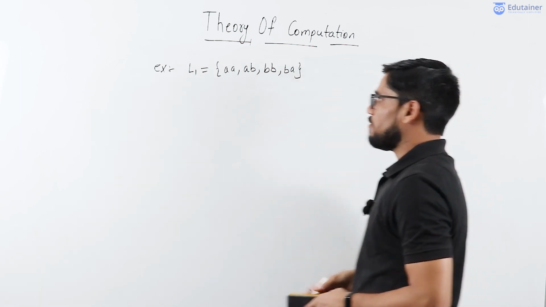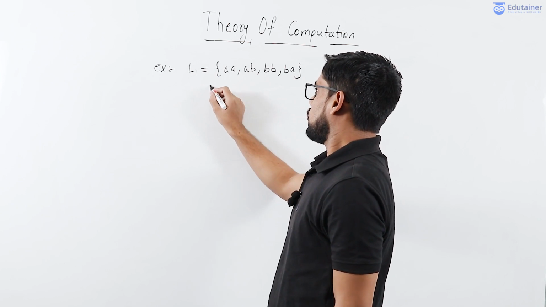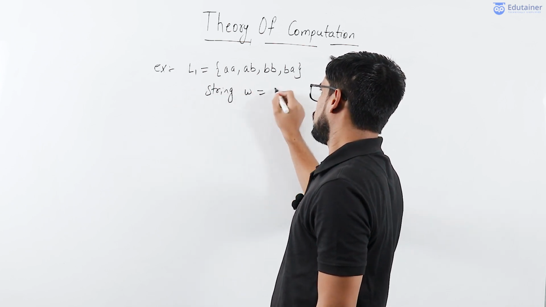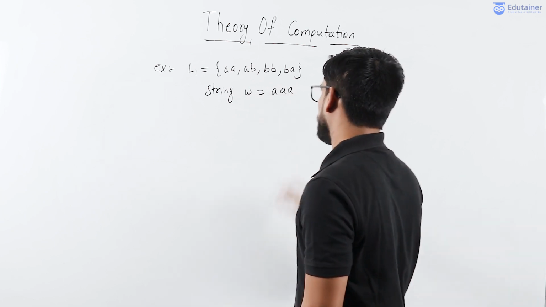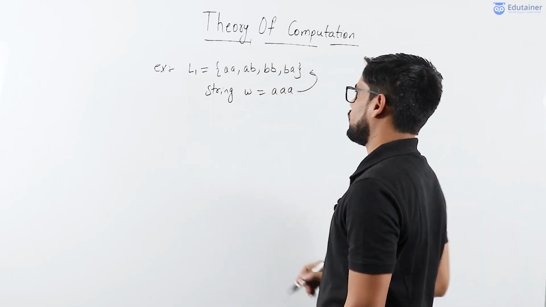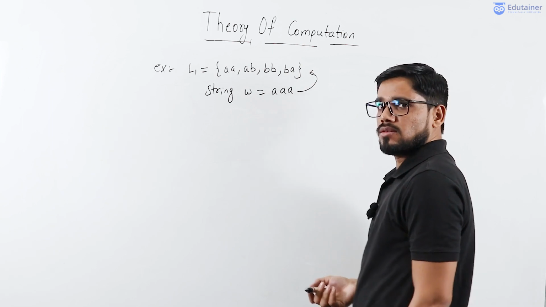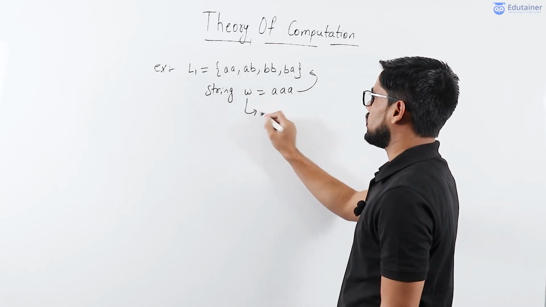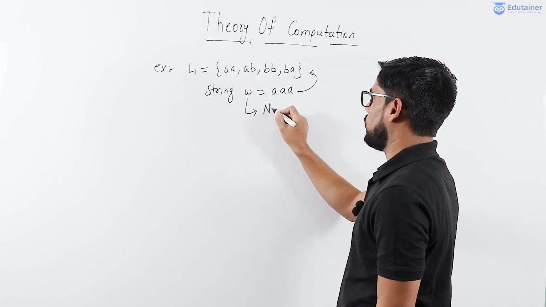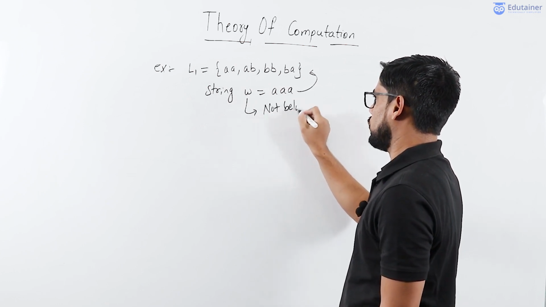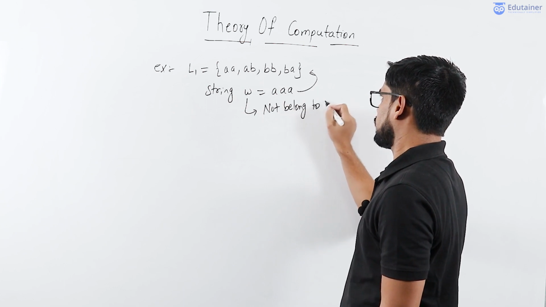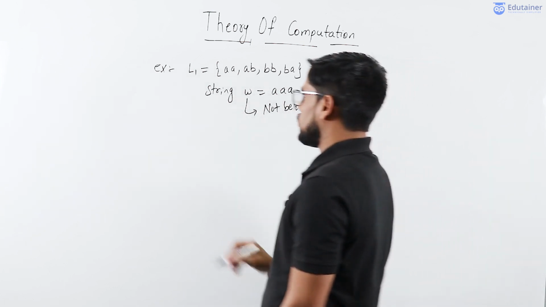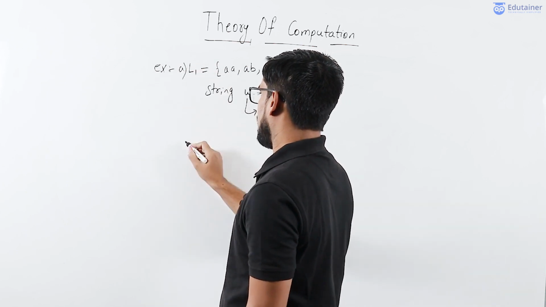And if I ask, find out whether this string W, which is AAA, belongs to this language or not, can you answer? You can definitely answer this question. You can say that this particular string does not belong to language L1.